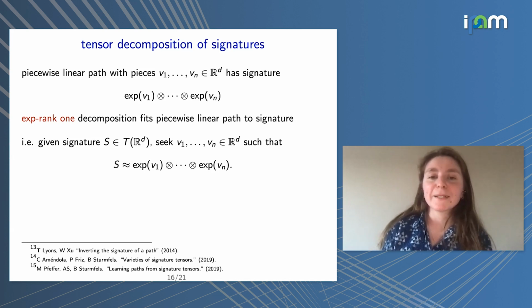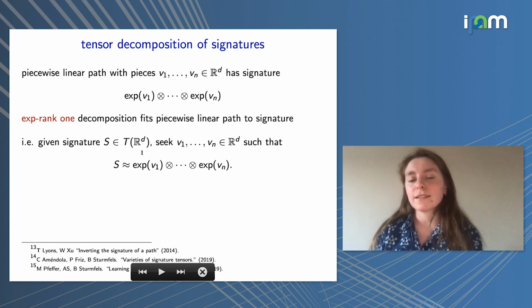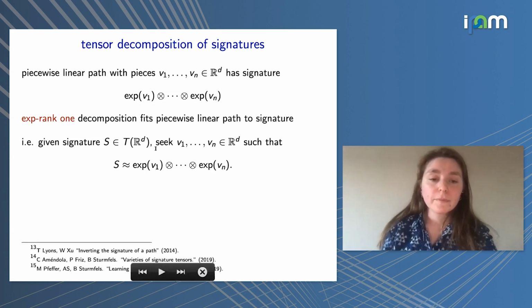This is an infinite system of equations, or almost equations, because I'm working in this infinite tensor algebra. But in practice, you can truncate to a particular level of interest and look at the recovery problem there.